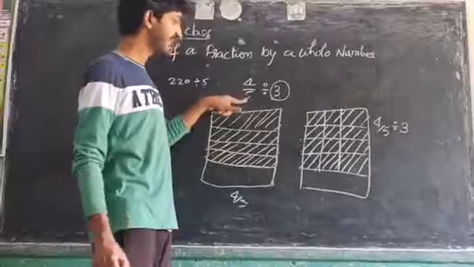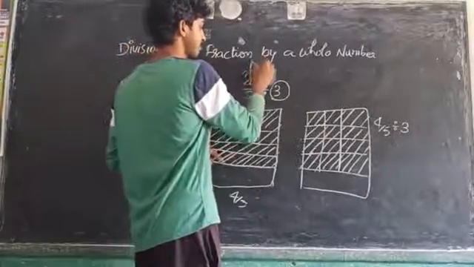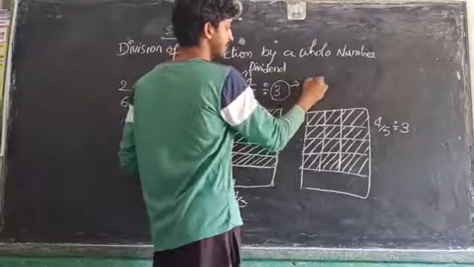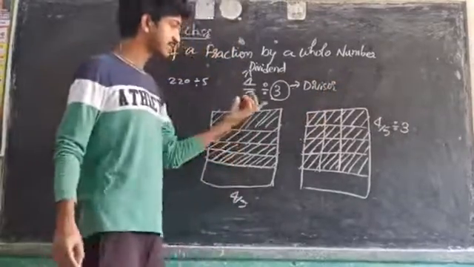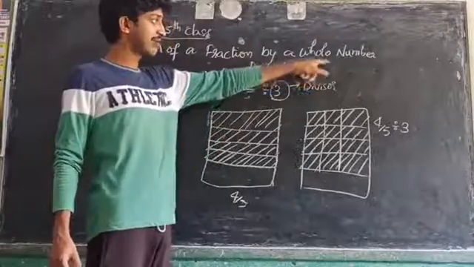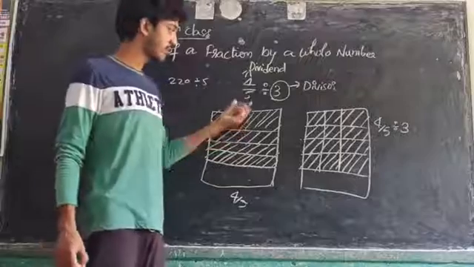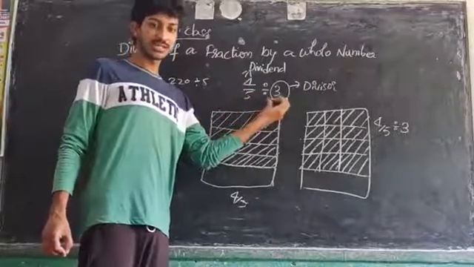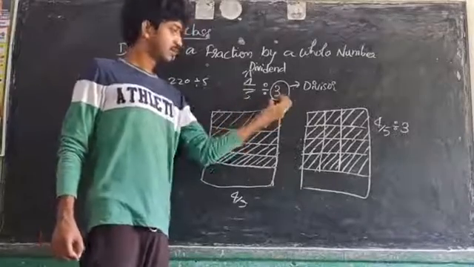Okay, see here, listen carefully. The division of a fraction by a whole number is the same as the multiplication of the fraction with the inverse of the divisor.